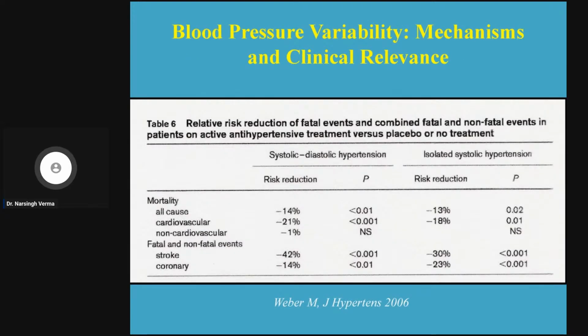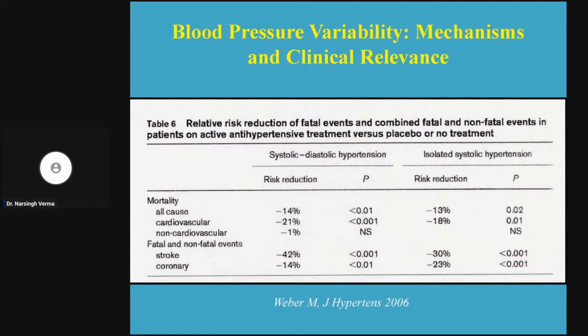Regarding blood pressure variability, its mechanisms and clinical relevance, I will deal with the mechanisms, but before that, the relative risk reduction of fatal events and combined fatal and non-fatal events in patients on active antihypertensive treatment.